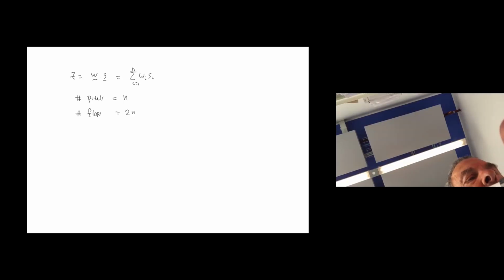We have N multiplications and then N additions, actually N minus 1. So log to the base 10 of flops per pixel equals log to the base 10 of 2, which is small, I think it's 0.3, something like that.